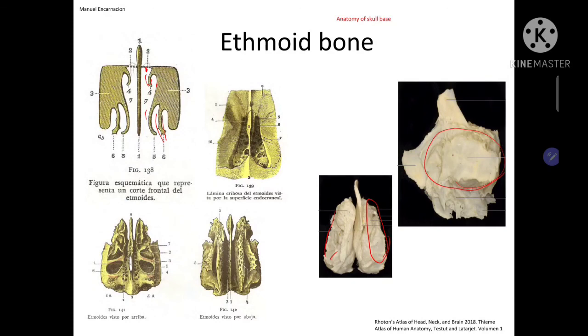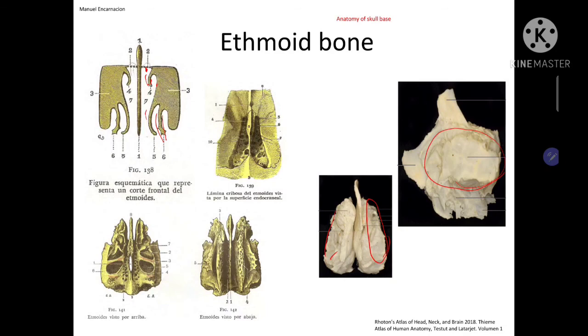So this uncinate process posteriorly finishes in two lamellae. One is inferior, which articulates with the ethmoidal process of the inferior nasal turbinate, and the other one is more posterior and very small, and it directly extends to the posterior edge of this maxillary hiatus. It finishes in a free end.